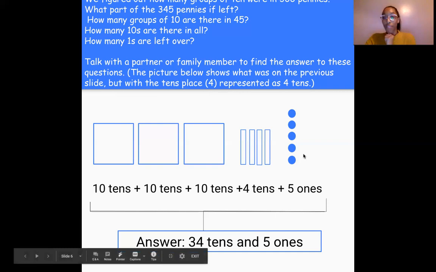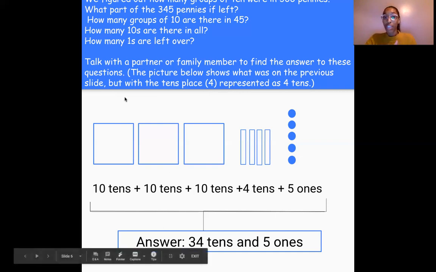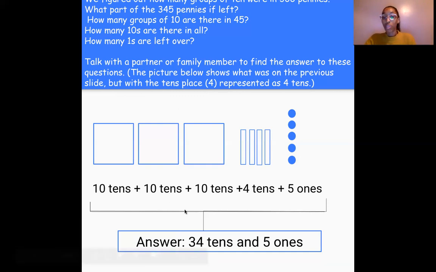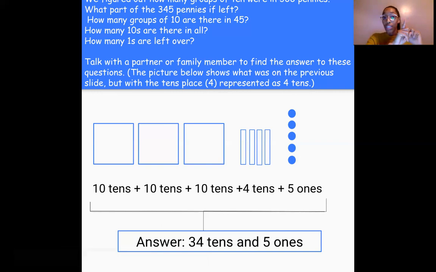And then we just have some 5 ones left. So that answers our question. How many tens are there in all? 34 tens. We knew that when we drew out 10 tens to represent that first 100 in the number 345. There are 300s, so we're going to need 3 groups of 10 tens. Okay.